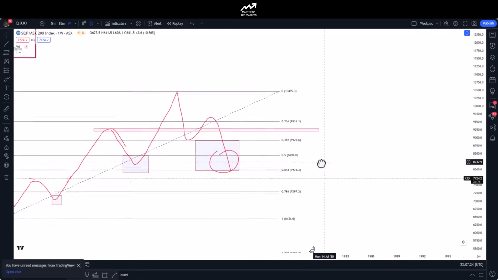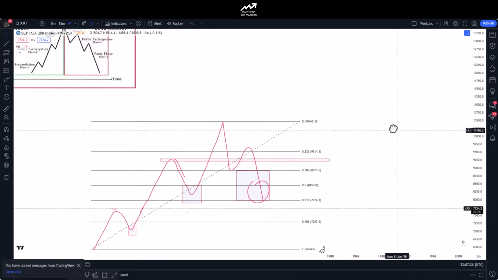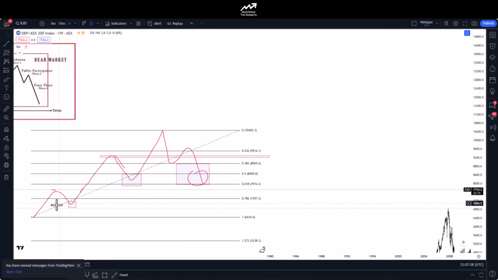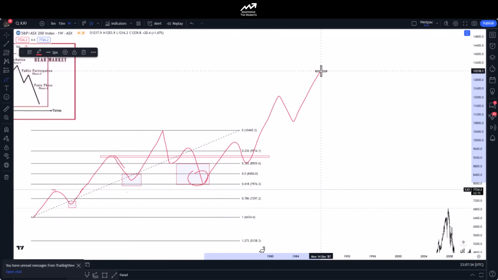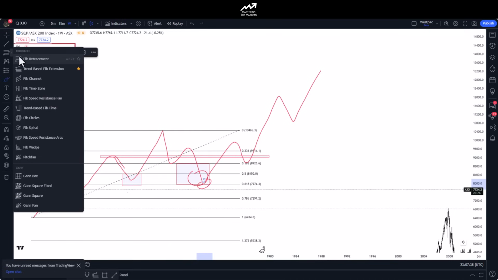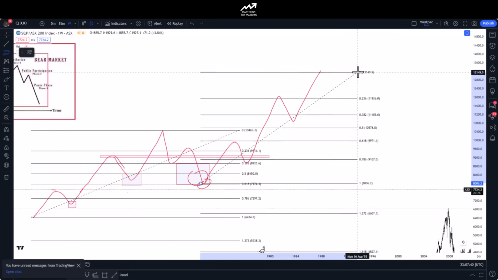Then that whole thing happens again. So now we've had that move, and now we go up again, 1, 2, 3, 4, 5. Then we get a 1/3, 2/3 retracement.